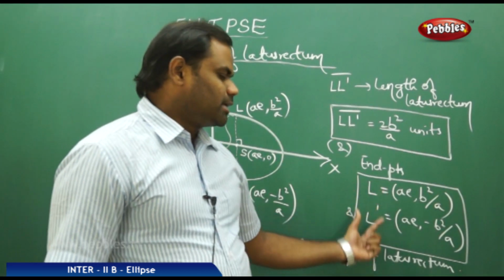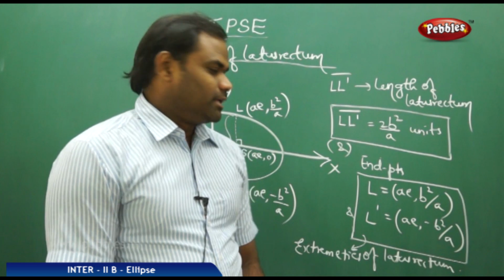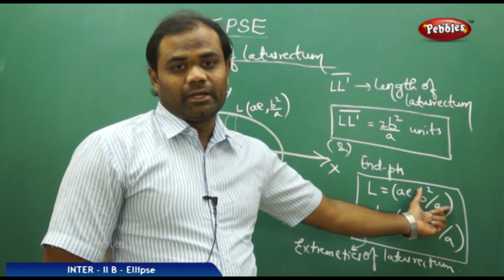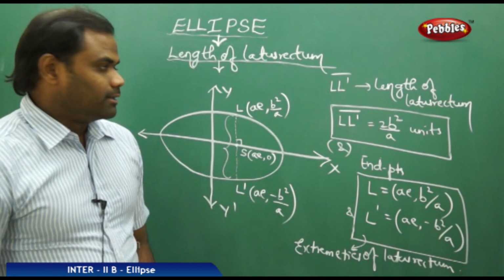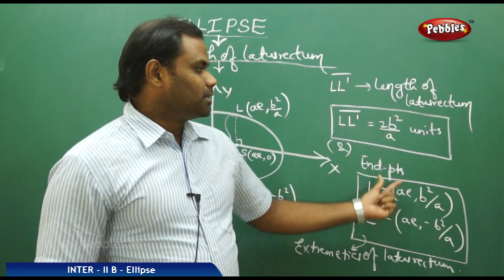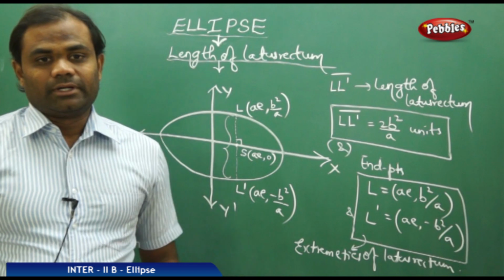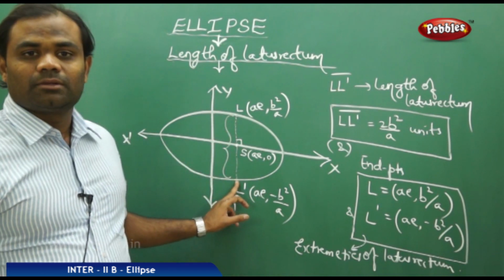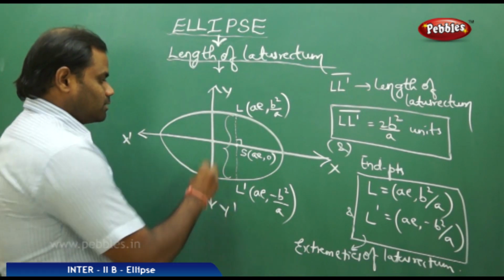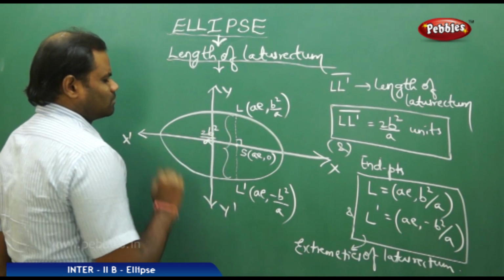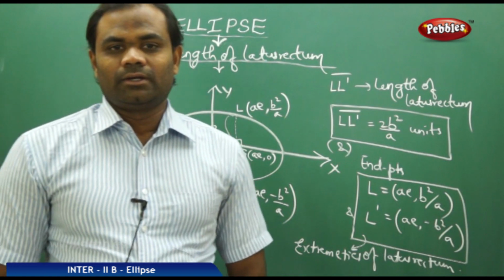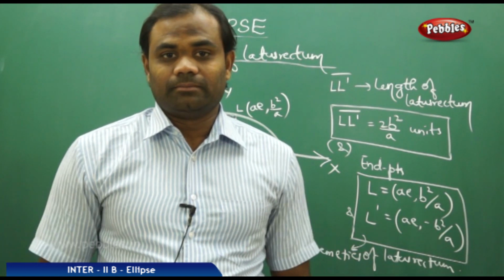So L and L dash are the extremities, with L given by (ae, b square by a) and L dash given by (ae, minus b square by a), and the length of latus rectum LL dash is 2b square by a units. This distance being 2b square by a units. That's how we identify the length of latus rectum.